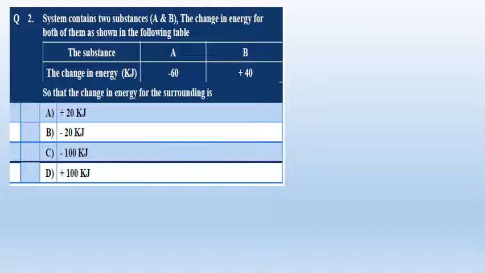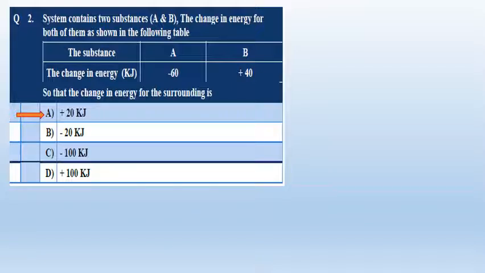And this means that the surrounding must gain this amount of heat, or this amount of energy, okay? Must gain or absorb this amount of heat energy. So the value of energy change in the surrounding will be positive, as the surrounding absorbs the amount of heat energy, and will be an equal value, which is positive 20 kilojoule.